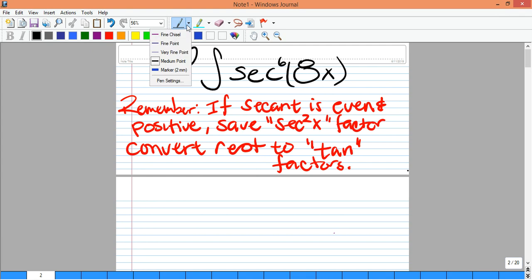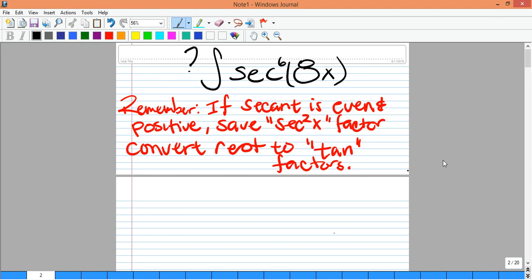We have the integral problem where we need to find the integral of secant to the sixth power of 8x. So when it comes to solving these types of problems where secant has a power, there are some guidelines already written out for us to follow.